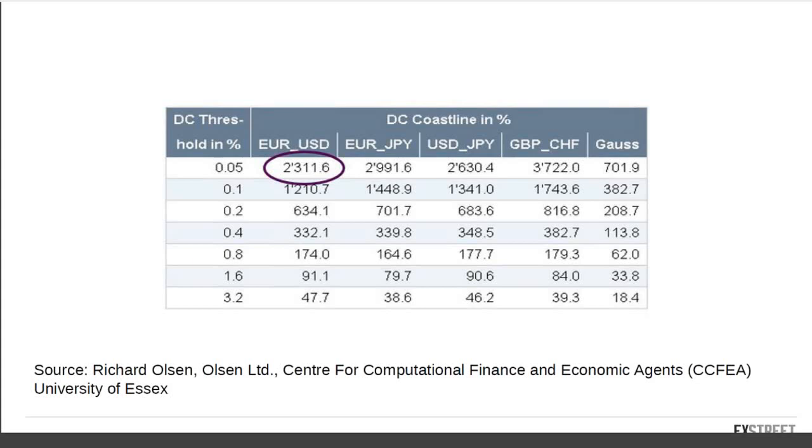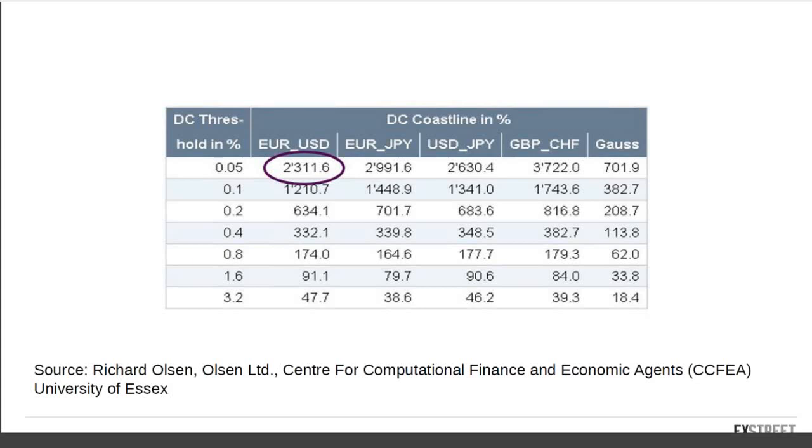Euro-dollar at around 112, this would be more or less a 6 pip threshold. As we said before, if we go down into smaller thresholds, then the coastline becomes larger. If we take the threshold of 1%, for example, it would be around 120, 130 pips, 140 maybe today, and so forth.